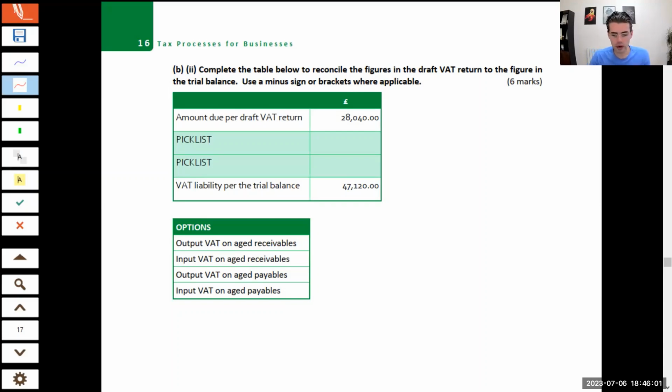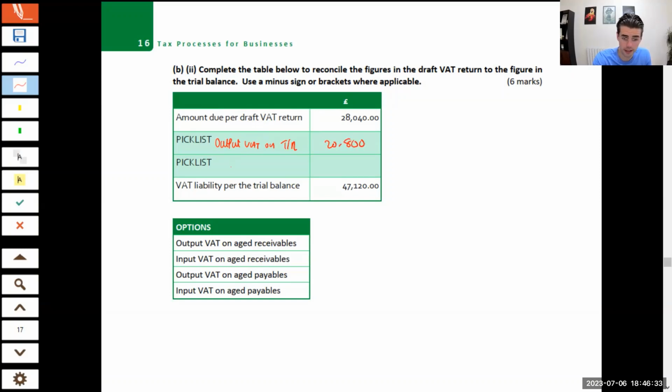Complete the table below to reconcile the figures in the draft VAT return to the figure in the trial balance. We've just done this, haven't we? What we've just said is we added on output tax, output VAT, and our trade receivables. We worked that out as 20,800.